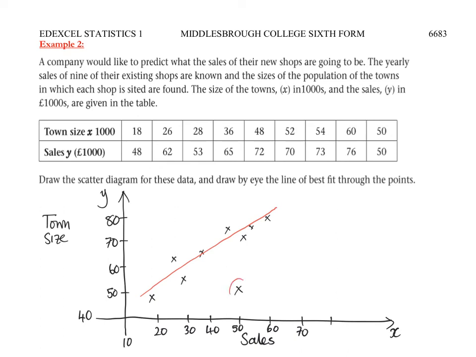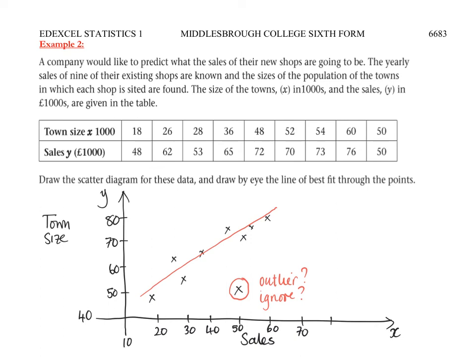Now this one is a bit strange, and we'd probably call that an outlier, and we'd probably ignore it. So either the reading's gone wrong there or just an anomaly of some sort.